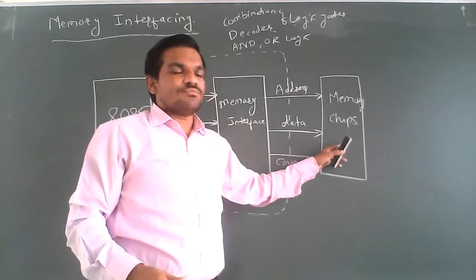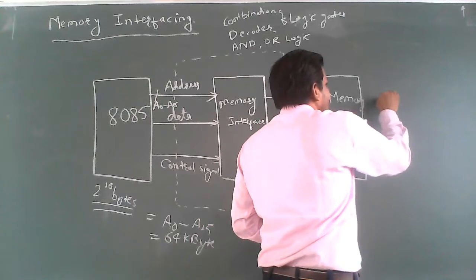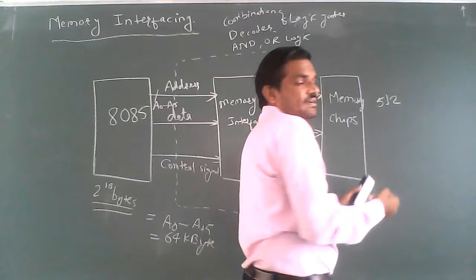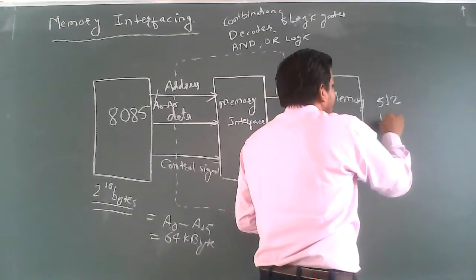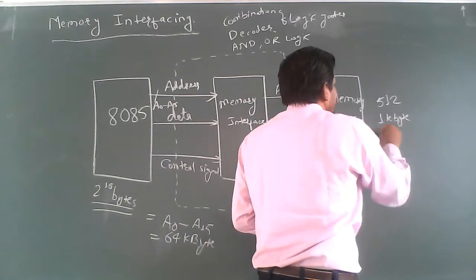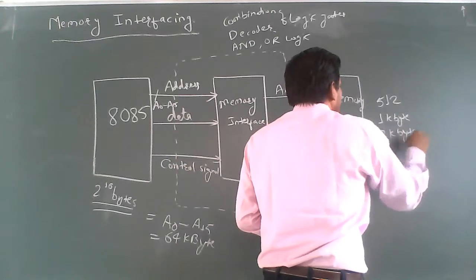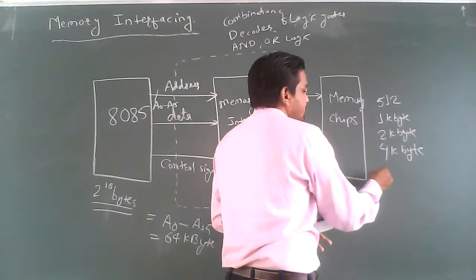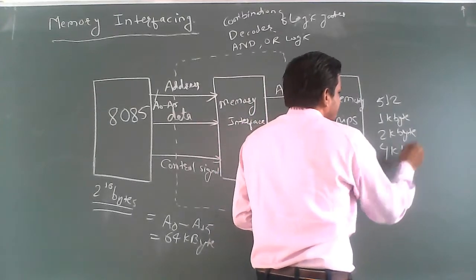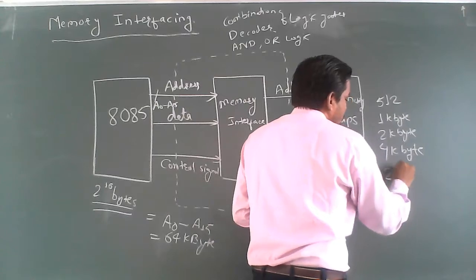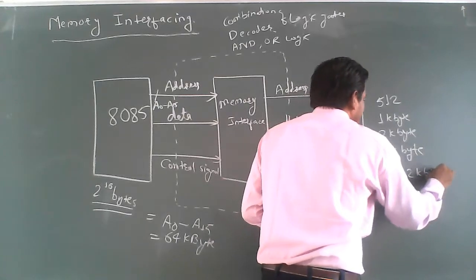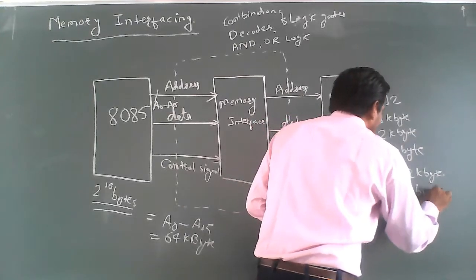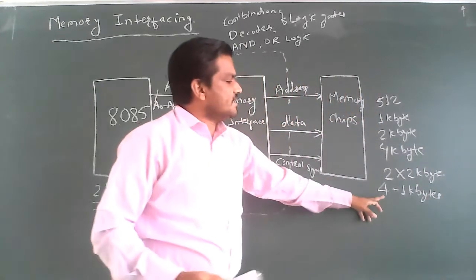We have memory chips, and their size can be different. It can be 512 bytes, 1 kilobyte, 2 kilobytes, or 4 kilobytes. What does this mean?